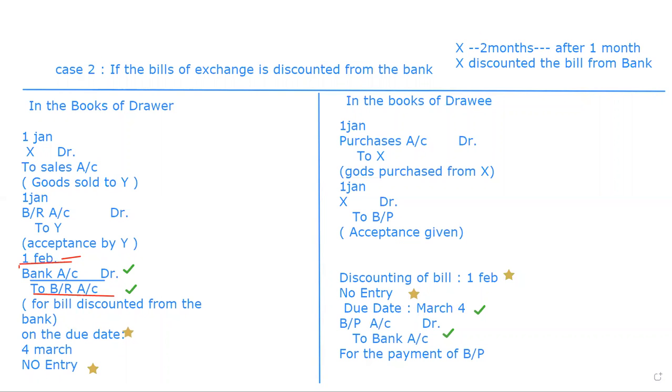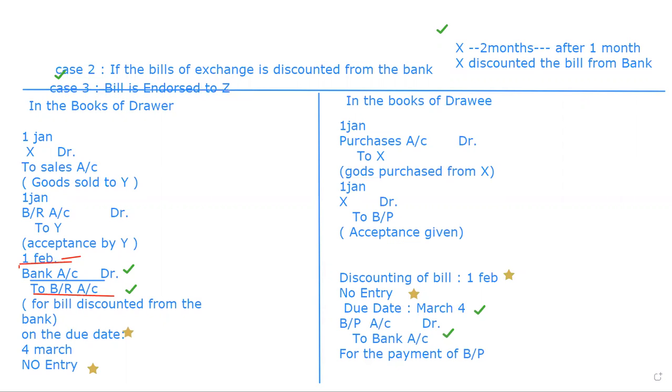Now I'll do the next case, case 3: bill is endorsed to Z. Suppose I'm doing it in the same way because I just want to make you differentiate.